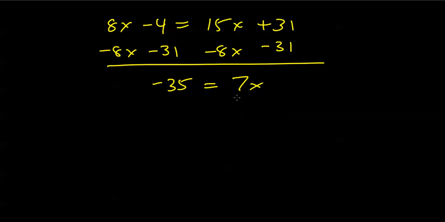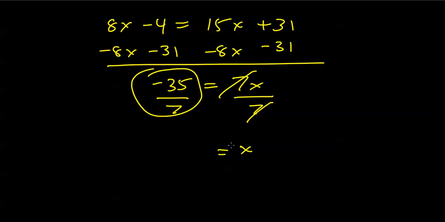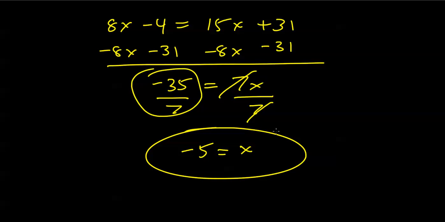Alright, our goal is to solve for x, so I need to clean things up a little bit, divide both sides by 7. The 7's cancel, and I get a final answer of x equals minus 35 over 7. Yes, that does simplify. 7 goes into minus 35, of course, minus 5 times. So I've got a final, most completely simplified answer of x equals minus 5.